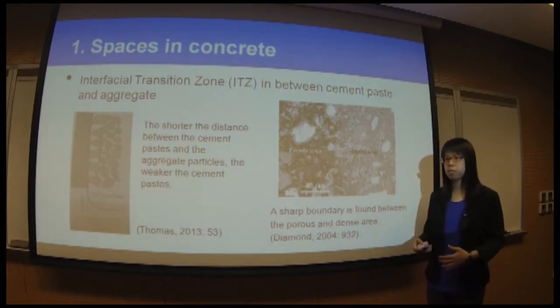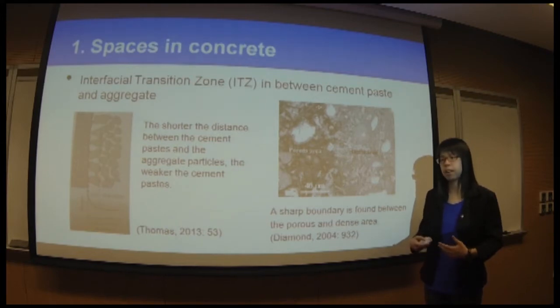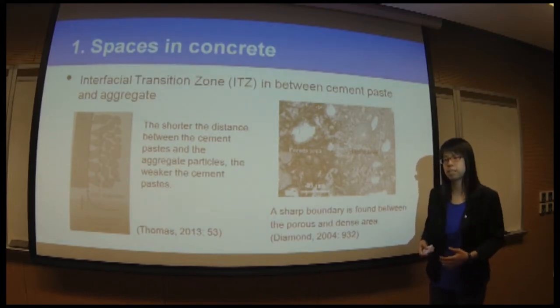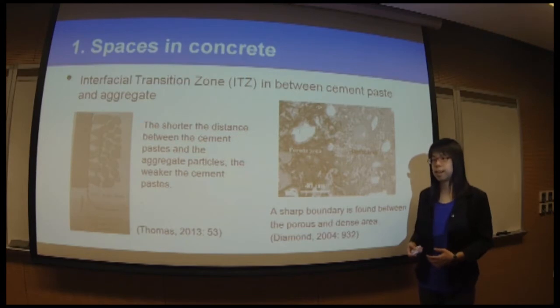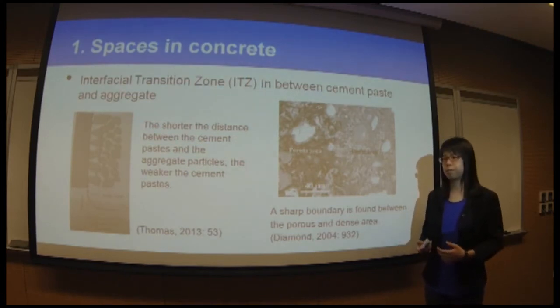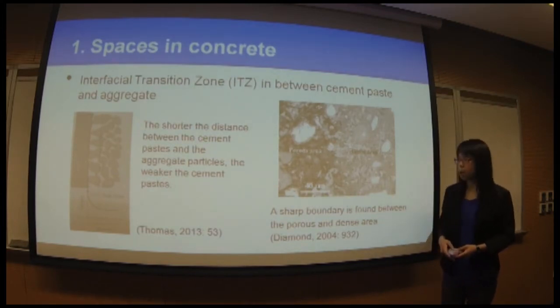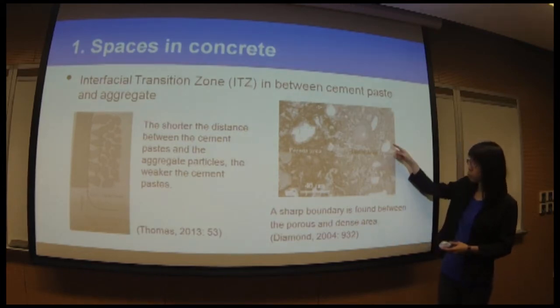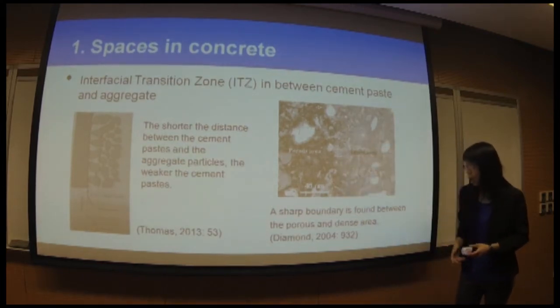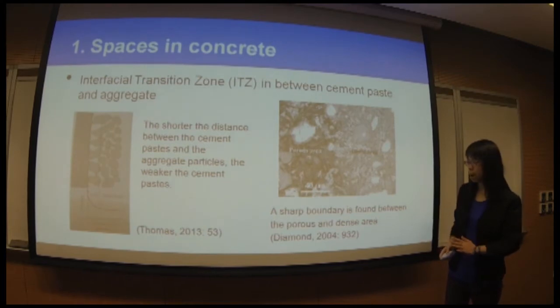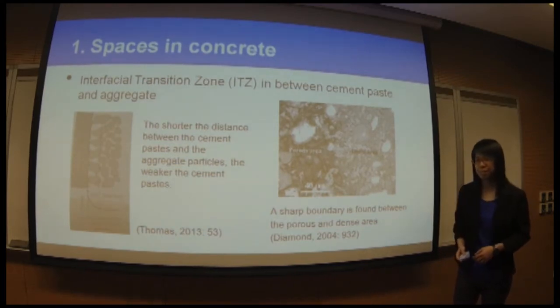If we want to pack the cement grains more densely to the aggregate surface, we can add silica fume, and the small silica fume particles will fill the low packing space. And between the porous area and the dense area, we can see a sharp boundary.